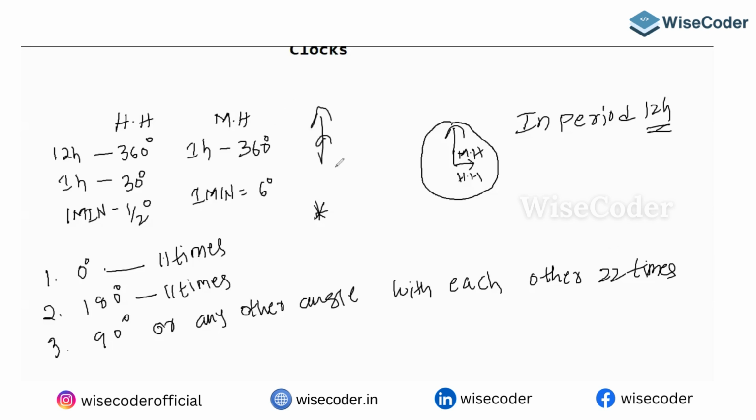Trust me, we can solve the problems on clocks using the method of relative speed, because the clock is moving in a clockwise direction, so both hands are moving in the same direction.